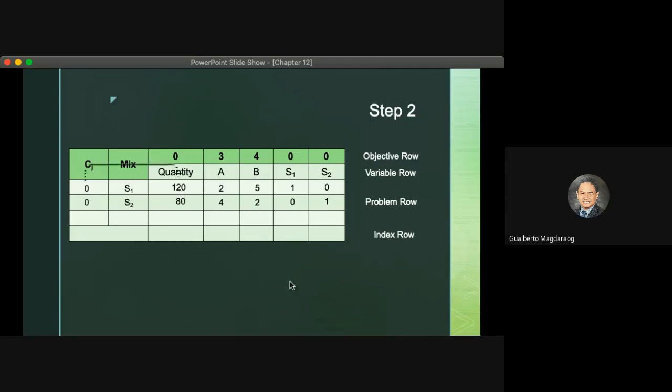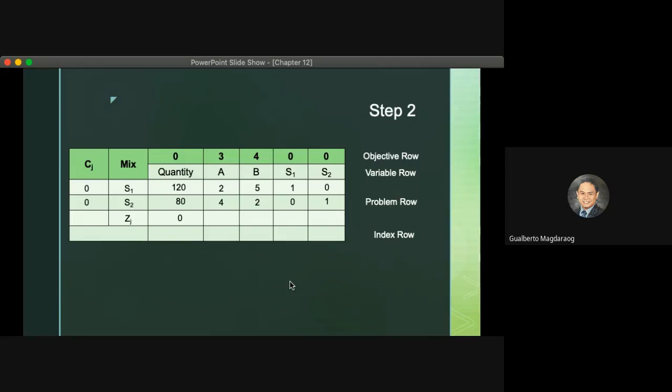You multiply. Okay, so 0 times 120, and then the other one is 0 times 80. And then you add the 2, that is 0 also. Okay, we call it ZJ, or the total income.